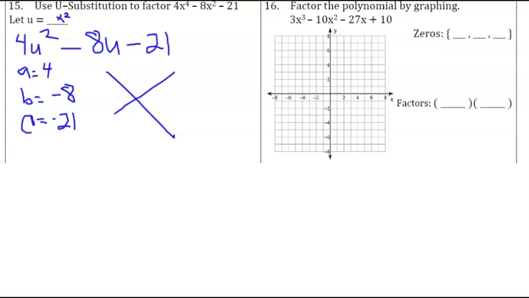So we draw our X. Our product is 4 times negative 21, negative 84, and our sum is negative 8. So the factor pair that works here is negative 14, positive 6. So from here we could draw a box.